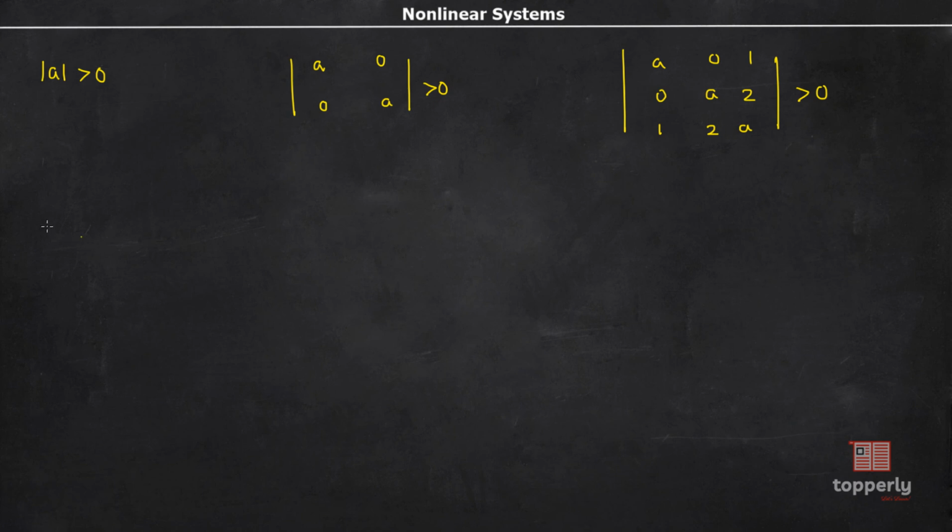That is, a should be positive, a square should be positive, and a into a square minus 5 should be positive. And all these conditions are true if a is greater than root 5. Therefore, V of x is positive definite when a is greater than root 5.